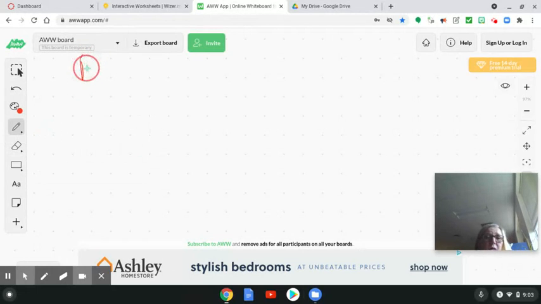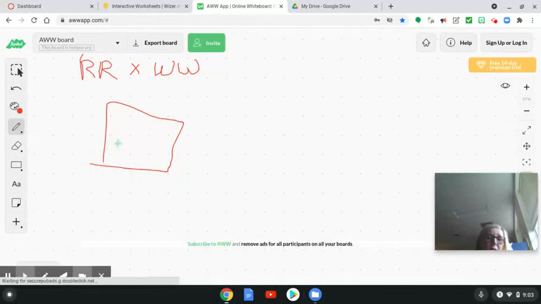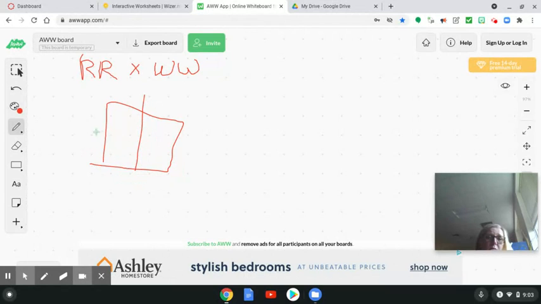All right, so we're breeding a red cow with a white bull. So we have R crossed with W, W for white. So red crossed with white.